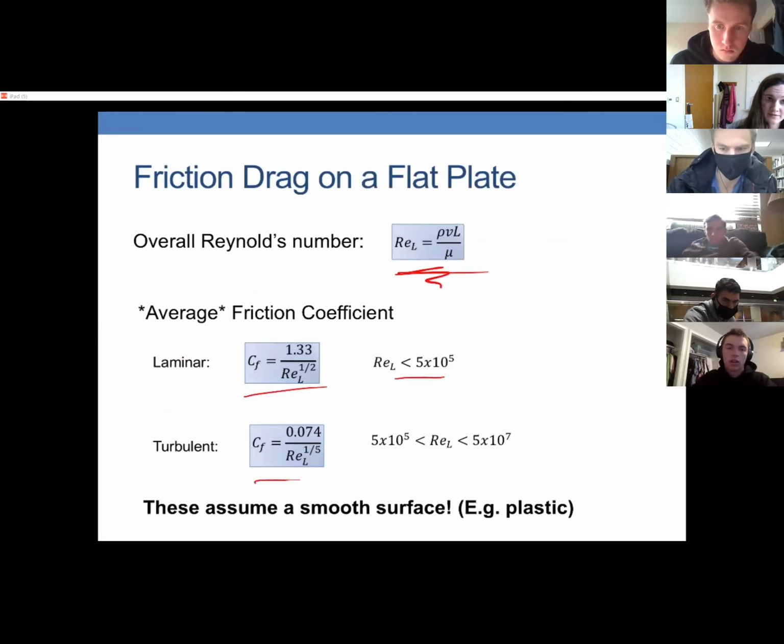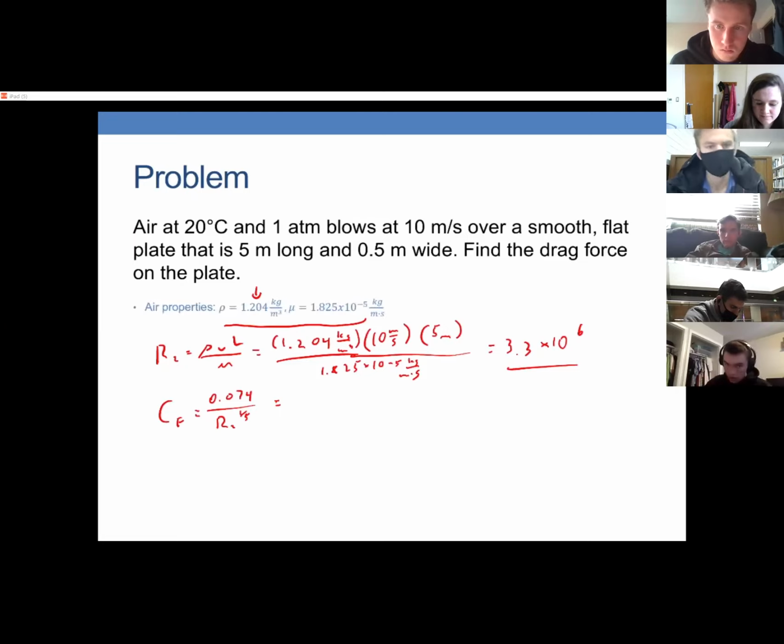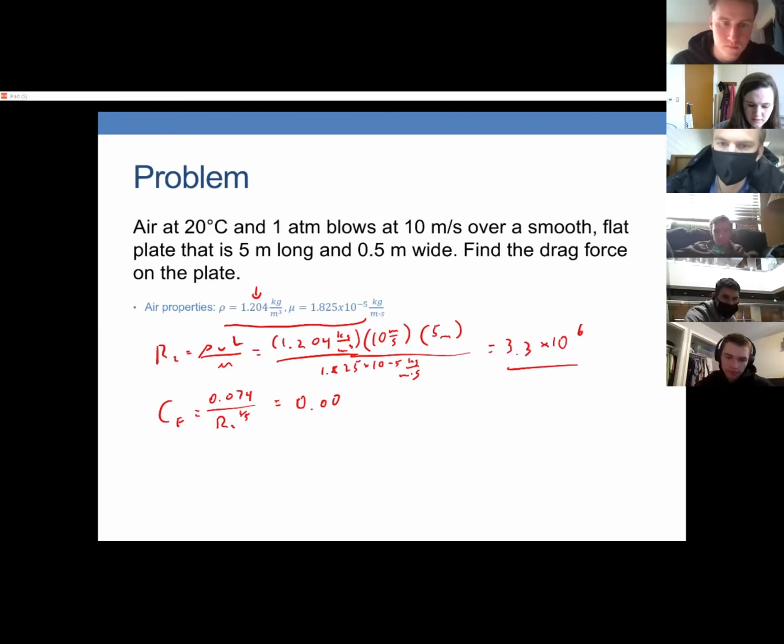Yeah, 0.074. I got 0.003677. Yep. Me too. 0.003677.